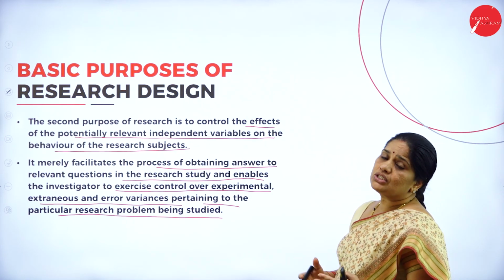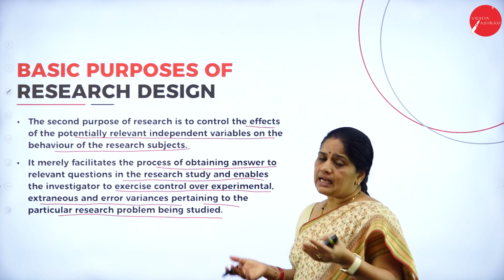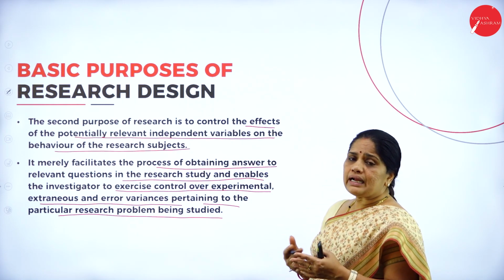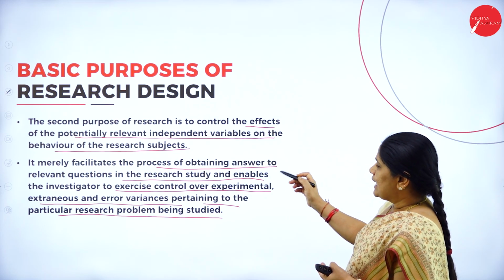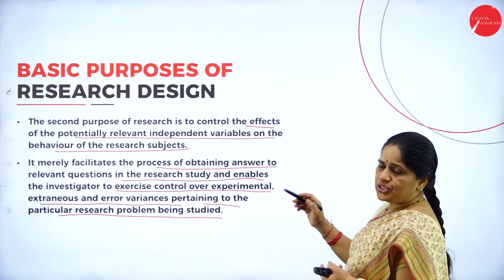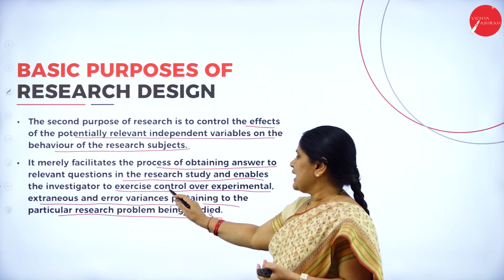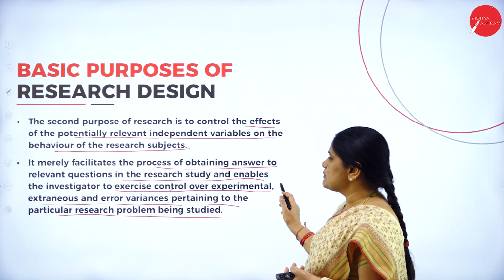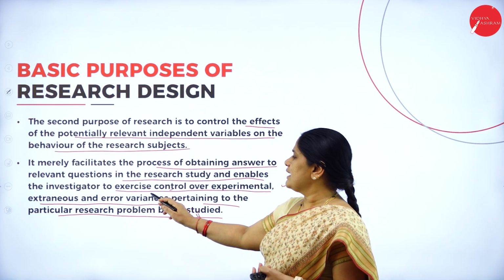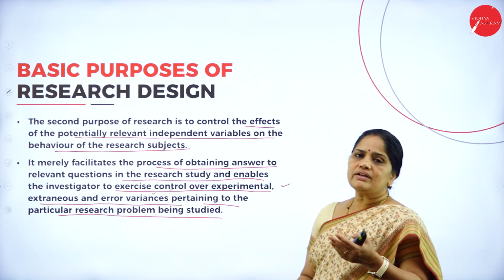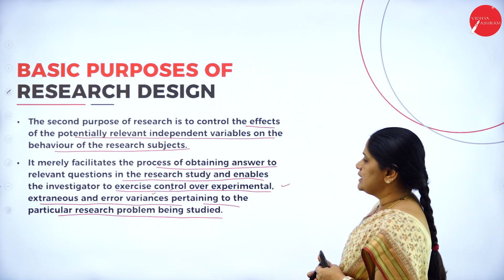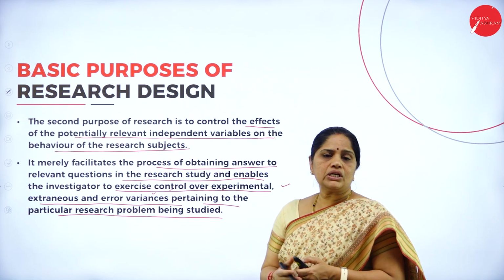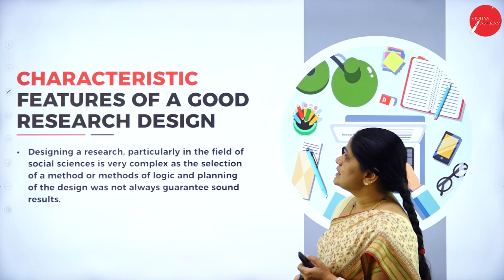He has to visit each of the patients personally, and he has to collect the information regarding the cause of the disease, so that he can collect the maximum information and exercise control over the experimental, extraneous and error variances. So whatever information he is collecting should be free from any of the variances pertaining to the particular research problem being studied.